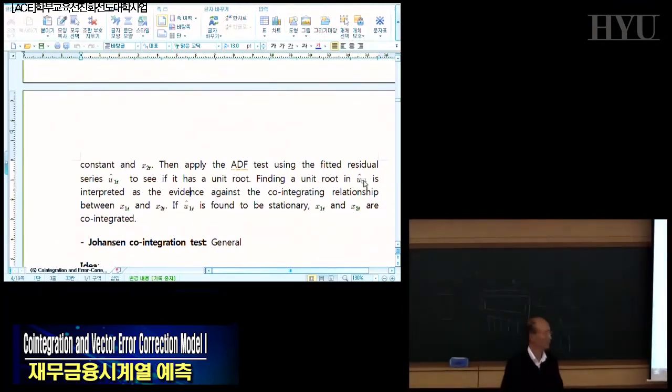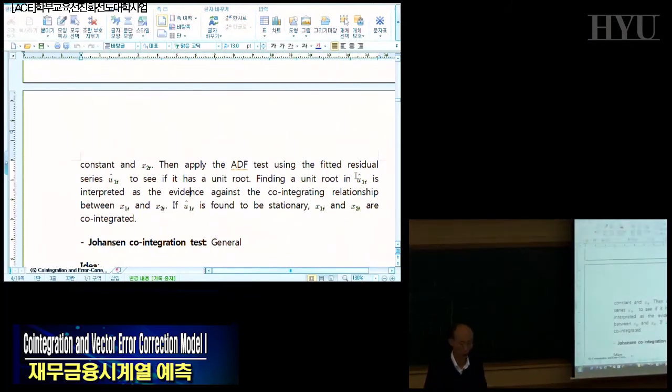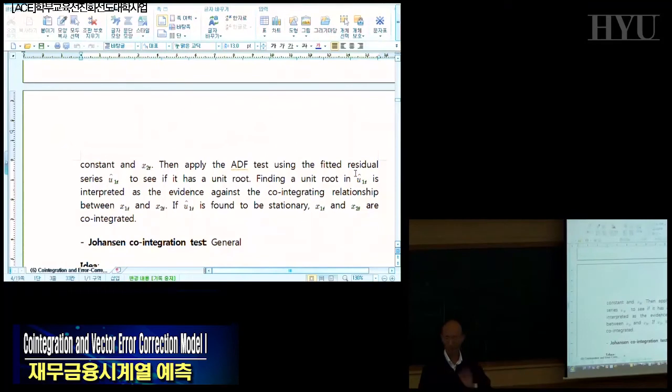So if you find unit root, that means things are not co-integrated. If you reject the presence of unit root, which is equivalent to saying finding a stationary process for this one, then you are finding evidence for a co-integrating relationship.